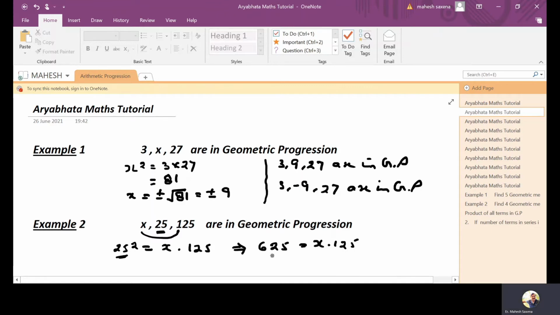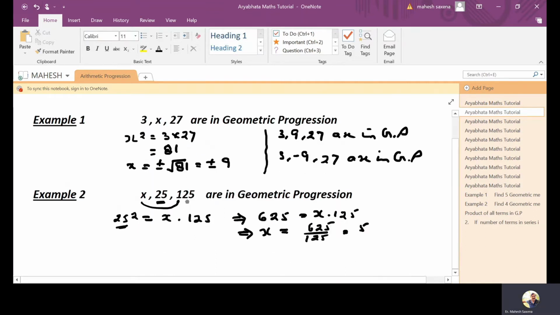Implies that x is equal to 625 upon 125, that is equal to 5. Now, if we put the value of x equal to 5, we see that 5, 25 and 125 are in GP.